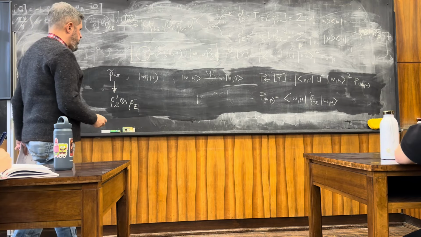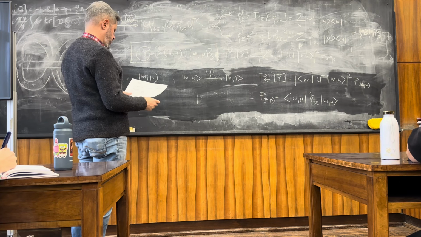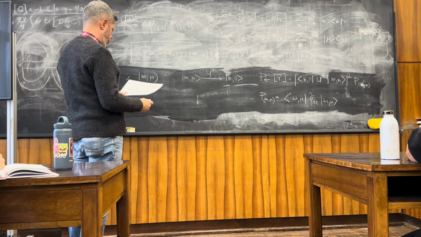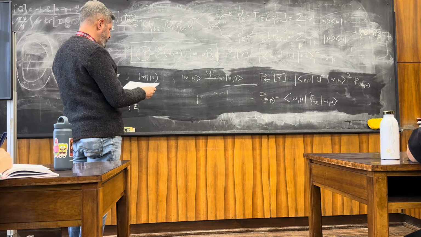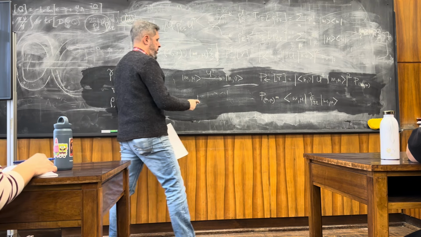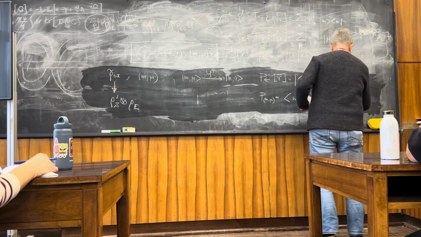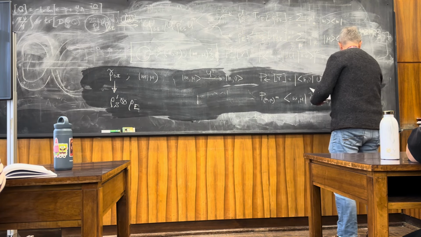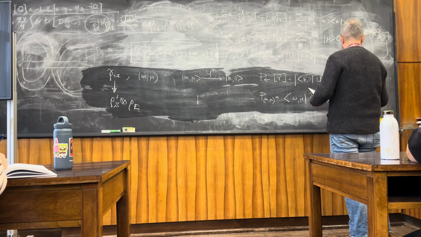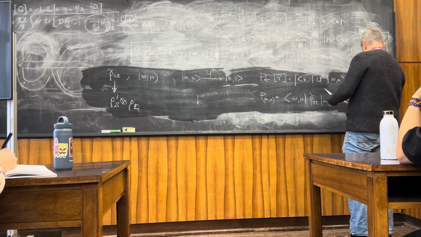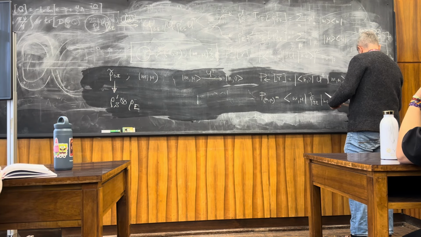And in this case, what happens is that this P and mu is going to be equal to P prime n times mu.